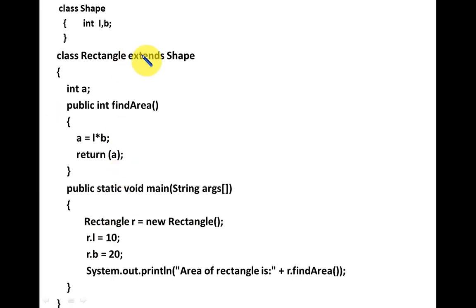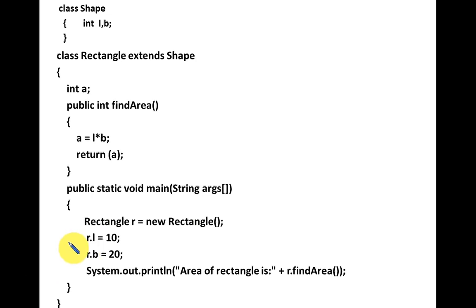Whenever I am inheriting with extends Shape, what will happen? Now L and B also become members of this Rectangle. That is the reason why, with the help of a Rectangle object, we can invoke the members of the superclass, that is the Shape class here. So R.L = 10. You can assign any integer value, not only 10.